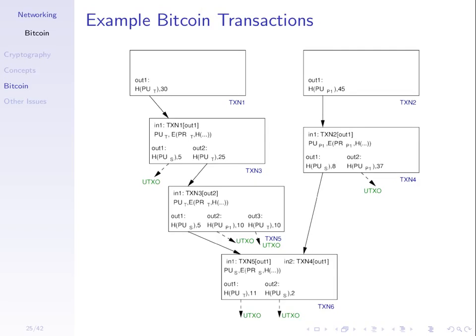If he tried to send more than 25 out, it would fail. Okay, the verification would not work. If there was 25 in and 26 out, someone would detect that. So then this would be verified, then eventually this one can be verified if the previous ones are verified. And we keep building up the log of verified transactions. Okay.